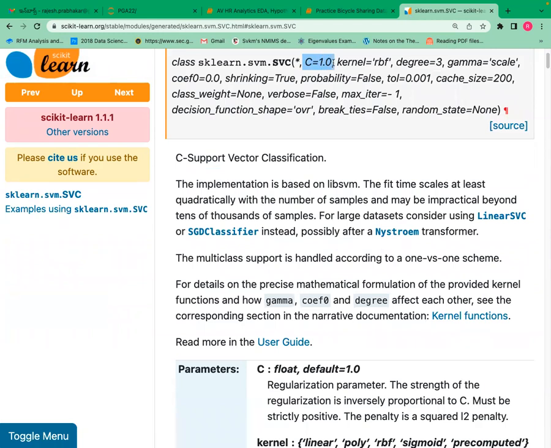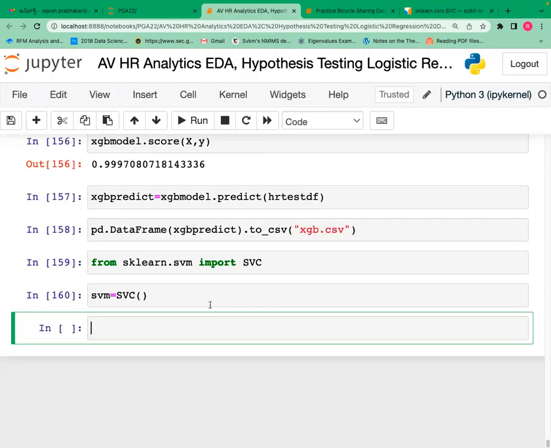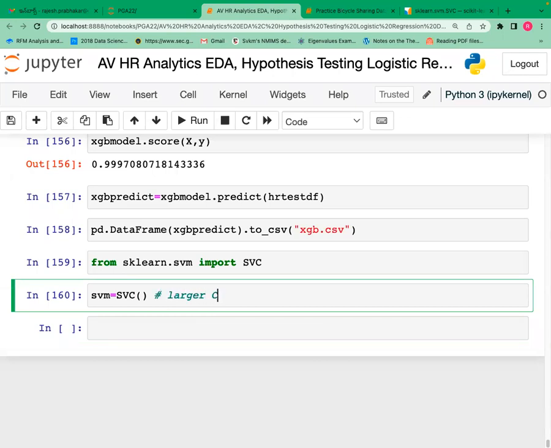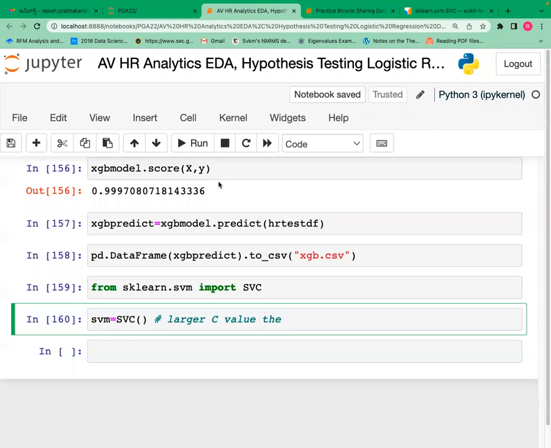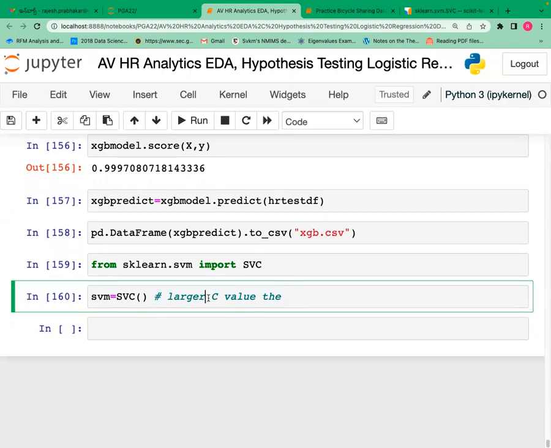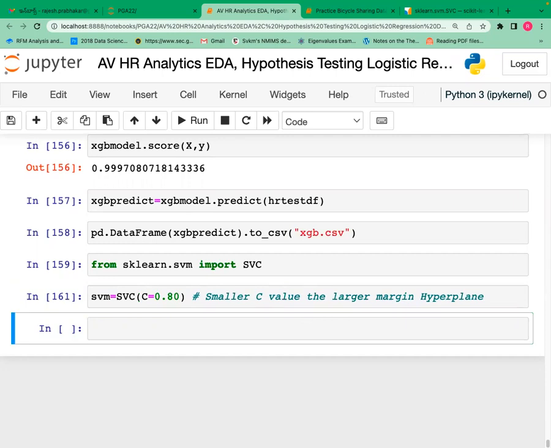The smaller the C value, the larger the hyperplane margin. By default, C value is 1.0. You can make it C equals 0.80. Default is 1.